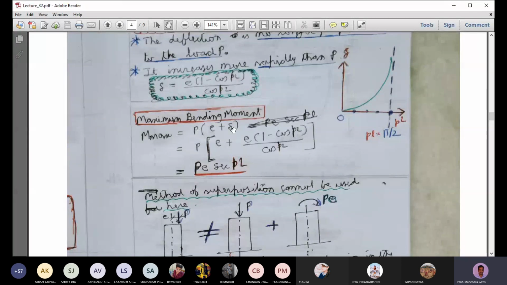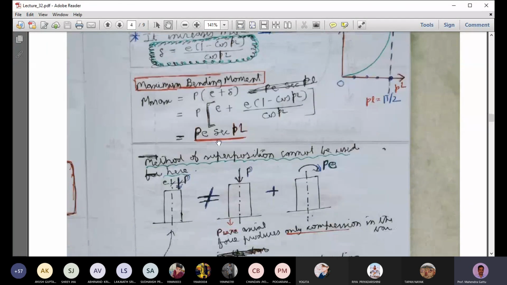We can substitute for delta the expression e into 1 minus cos PL by cos PL. You will get e secant PL minus e. So e minus e will cancel out, and you get e secant PL. So this is the maximum bending moment, which is P e secant PL.